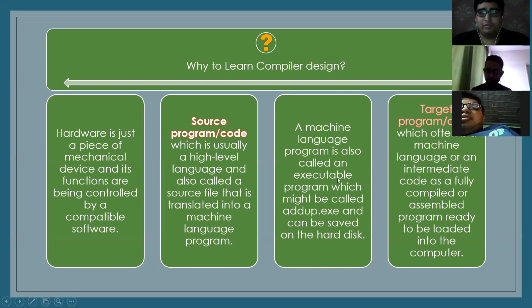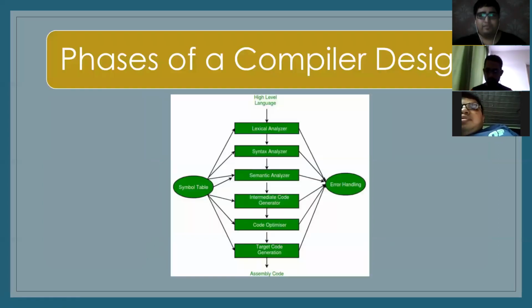A machine language program is used to execute the program and is saved in a hard disk, as well as the target program, used as a machine language that is usually called fully compiled, in which the program will be loaded from the computer itself.